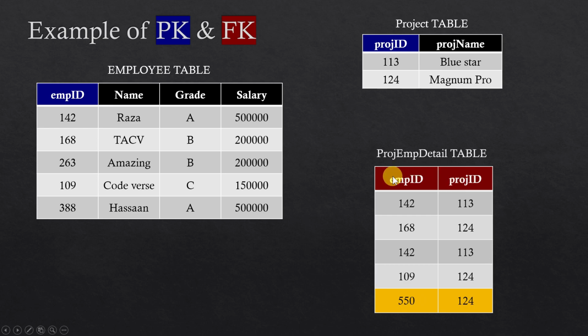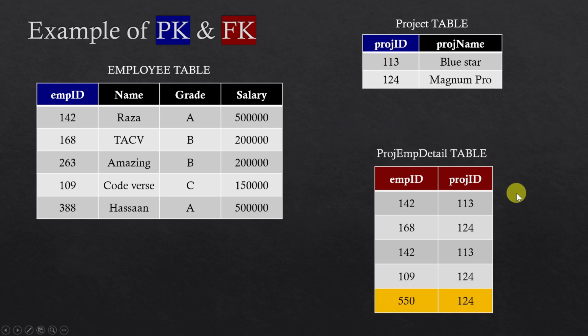So this employee ID actually belongs to its original table, which is the employee table. And this project ID column is also linked to its original table, which is the project table.